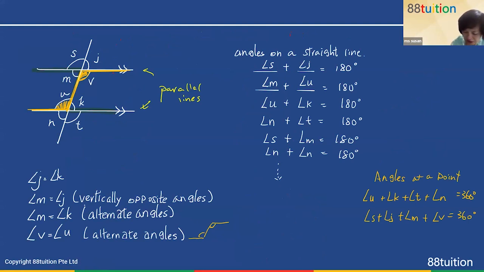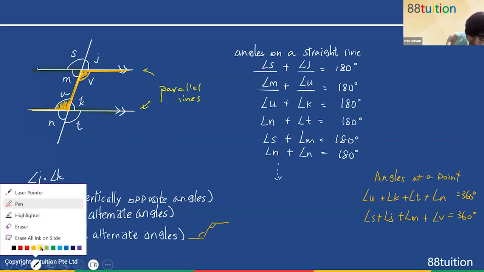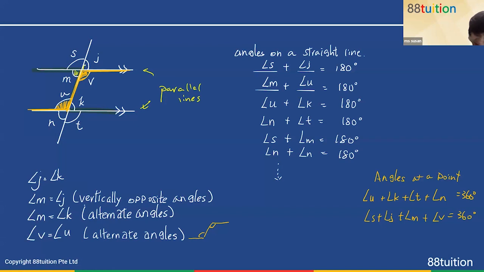First, from vertically opposite angles, M must equal J, S must equal V, U must equal T, and N must equal K, because they are vertically opposite angles.